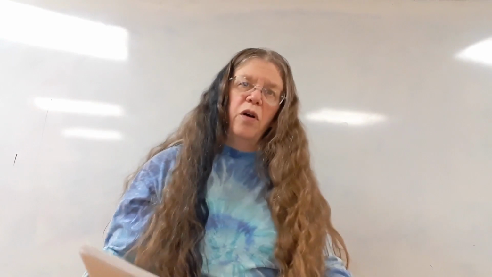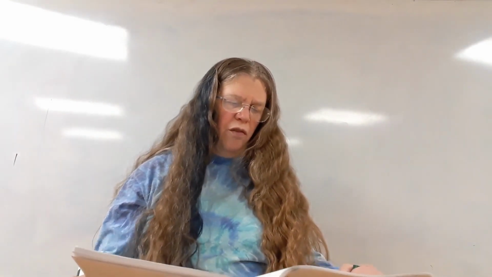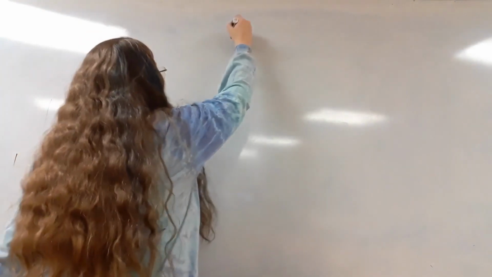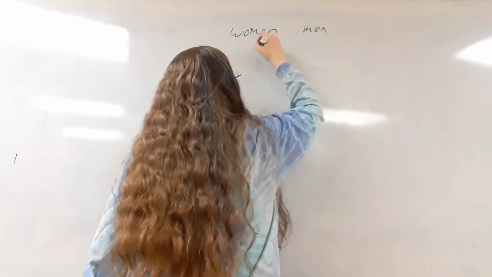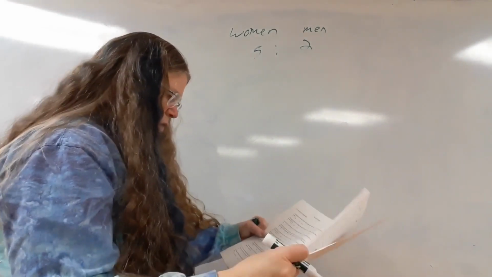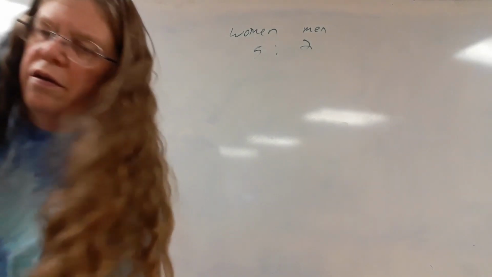Okay, R3, number 11, melodrama. Director of a little theater said the ratio of women to men in his play was 5 to 2. Women, men, 5 to 2. If there are 35 actors in the play, how many are men?